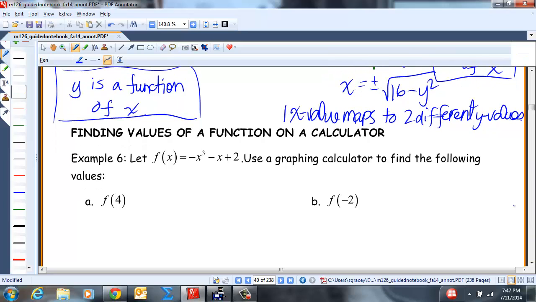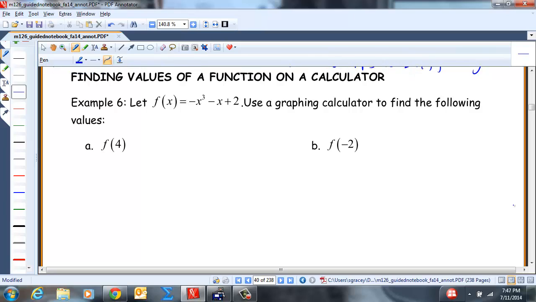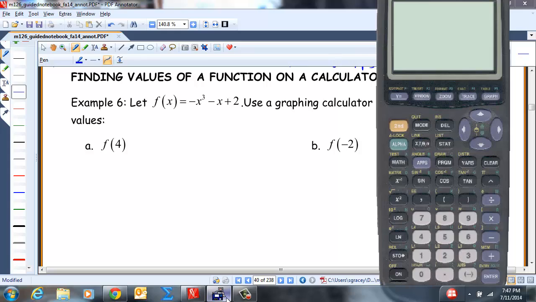Okay, so finding values of a function on a calculator. So there's a couple ways one could do this. So we have this function here, and personally, I think the easiest way to do this is going to be to graph the function.